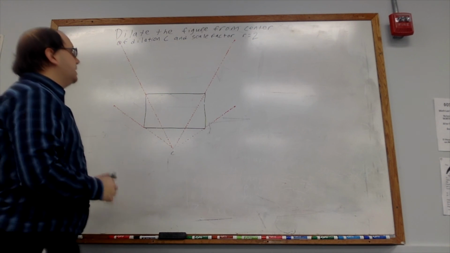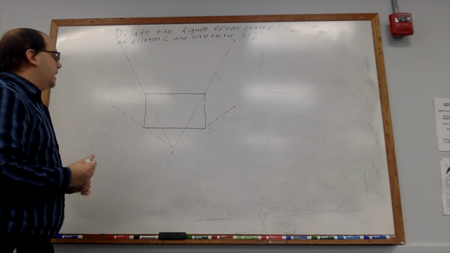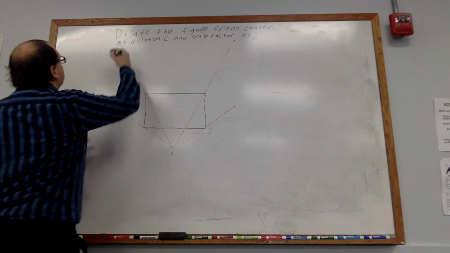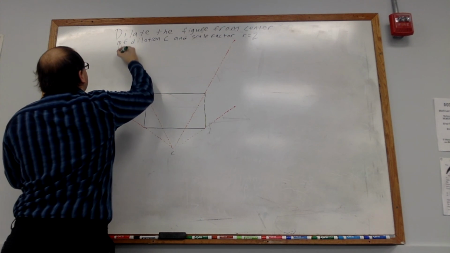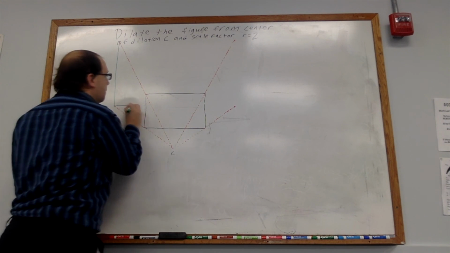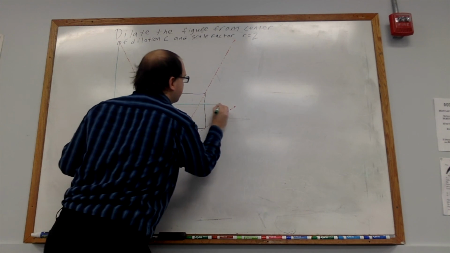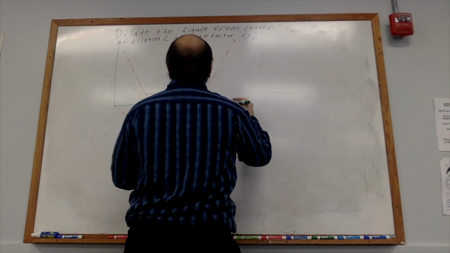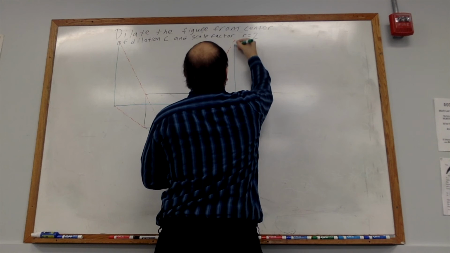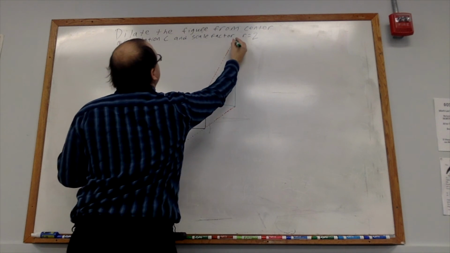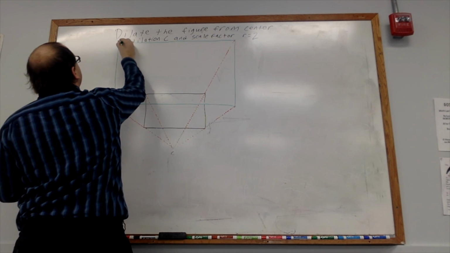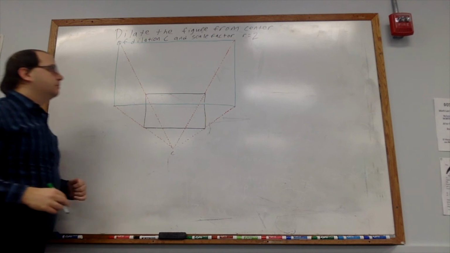So we have our 4 vertices, and so we make it into our rectangle. And there we go.